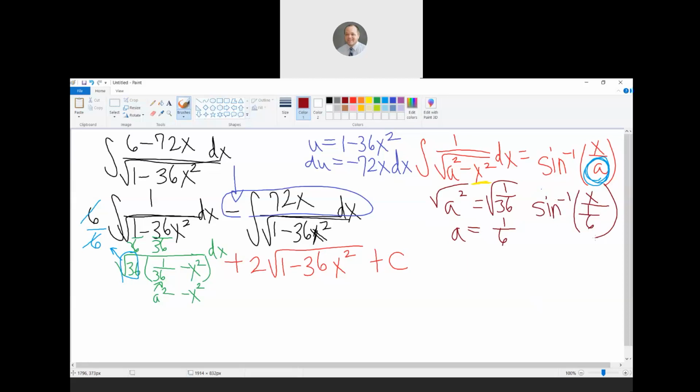Now we need to flip that 1 over 6, so that becomes just 6 up top, giving us our final answer, inverse sine of 6x plus 2 times the square root of 1 minus 36x squared plus c.